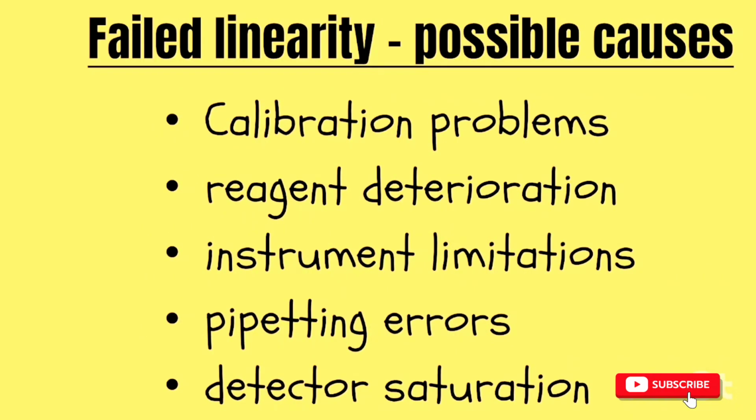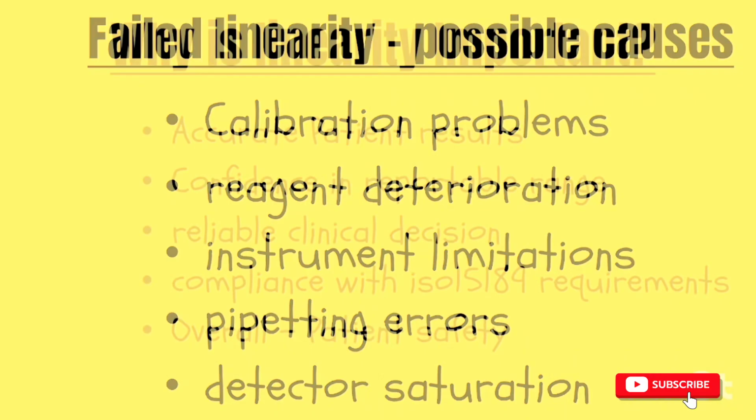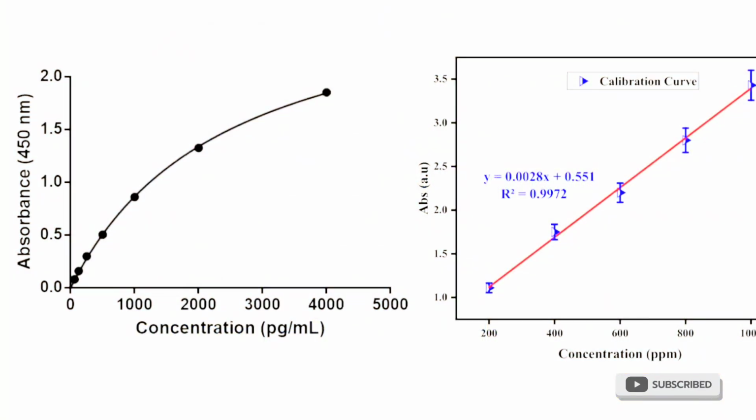Now, let's look at what could make linearity fail. Remember, I did mention that you want your calibration to be as close to one as possible. So imagine that whoever did this calibration saved or accepted it when it was maybe 0.8.